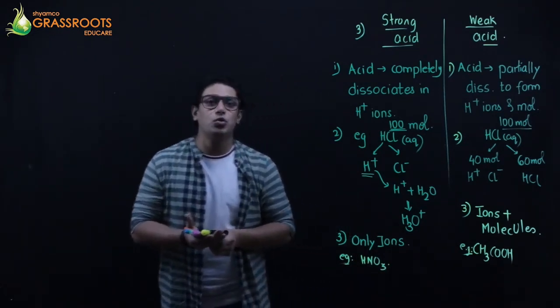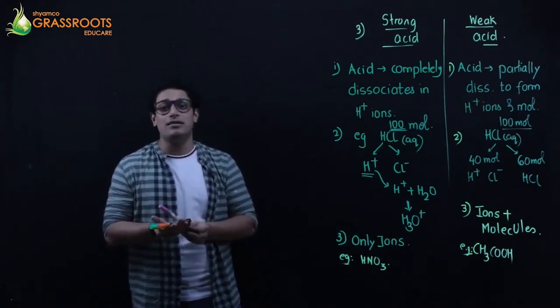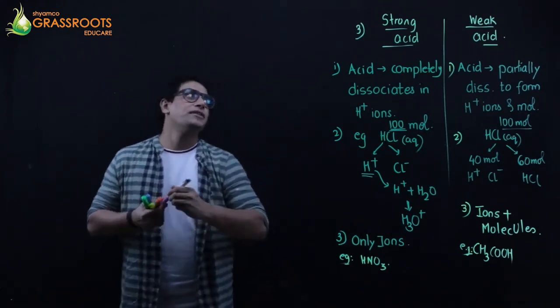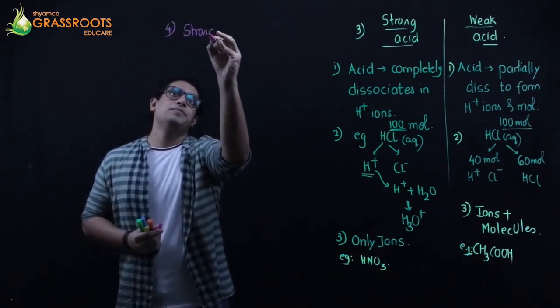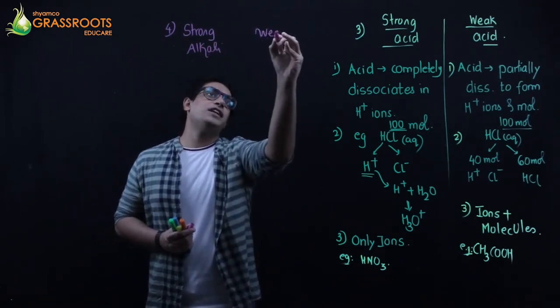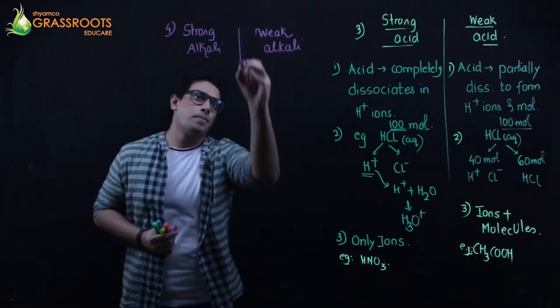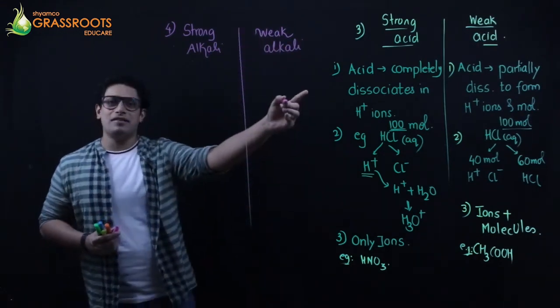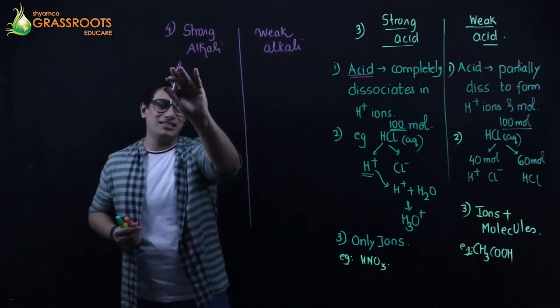On a very similar note, if someone asks me, sir, what is a strong alkali and a weak alkali? Differentiate. So fourth answer, same. Strong alkali and a weak alkali is going to be the same answer. Acid is going to be replaced by the word alkali.